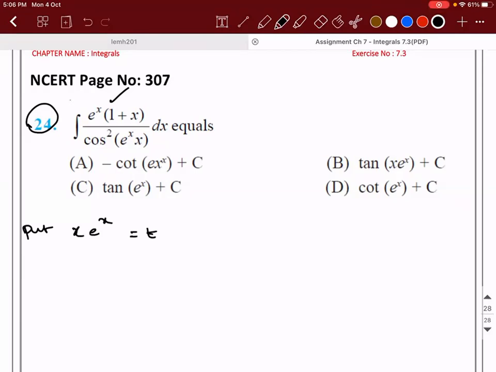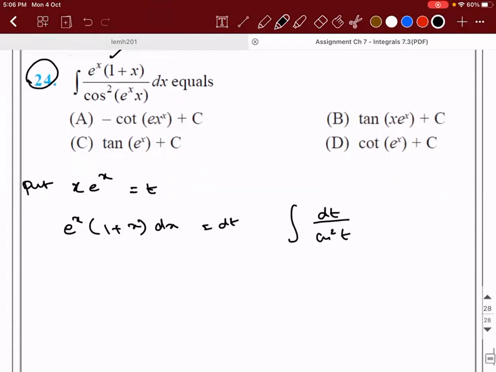Yes. So if you differentiate it, you will get e power x into 1 plus x times dx is equal to dt. So integral of dt divided by cos square t. So integral of secant square t dt. So what is integral of secant square? Tan. So tan t plus c, but what is t? x e power x.